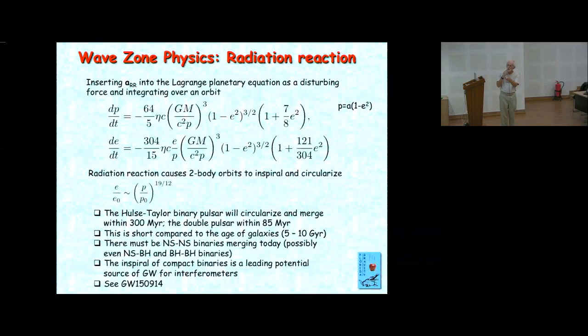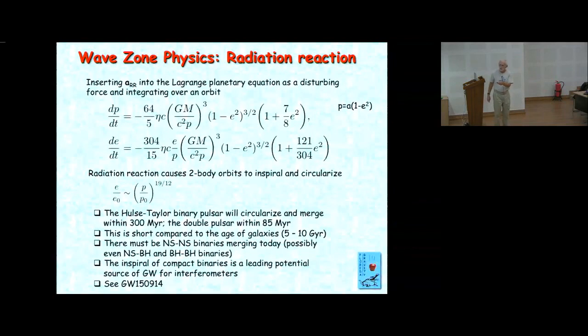You can ask, how long does it take before P is very, very small, effectively 0? And if you put in the numbers for various systems, you discover that the Hulse-Taylor binary pulsar will circularize and merge within 300 million years. And by the time it's in its final many orbits, it's already highly circular with eccentricities of about 10 to the minus 6. So it really is in a quasi-circular orbit that's just spiraling slowly inwards.